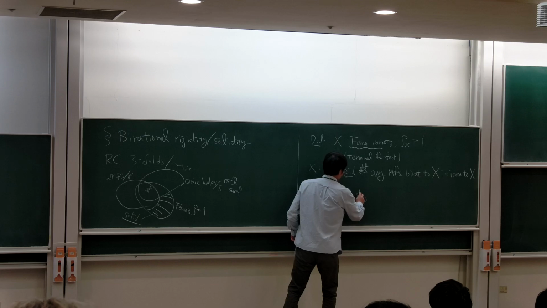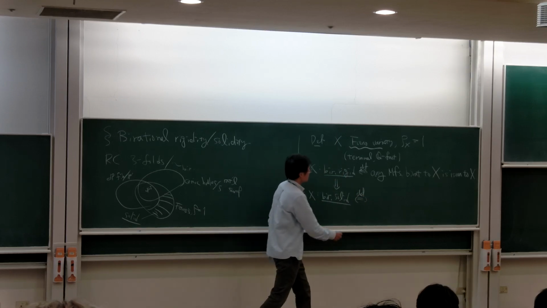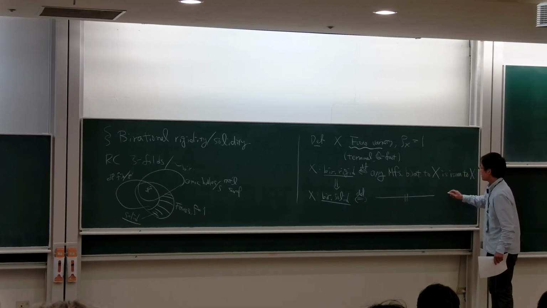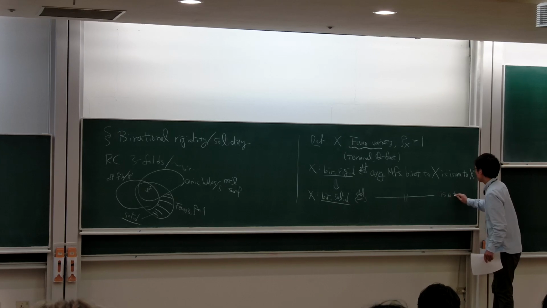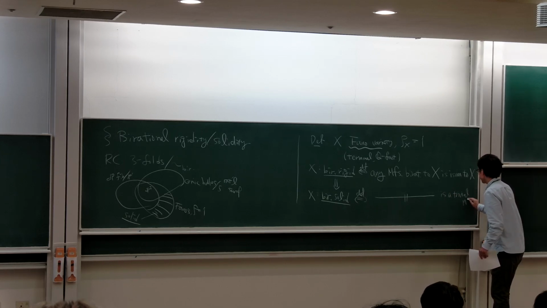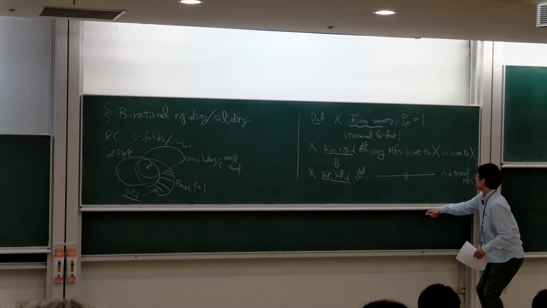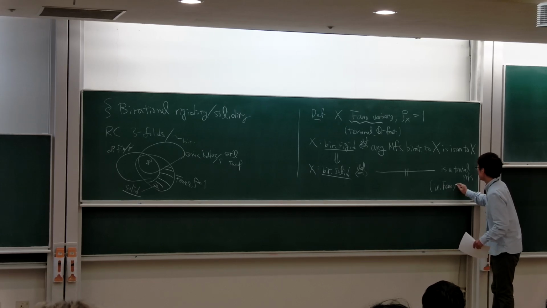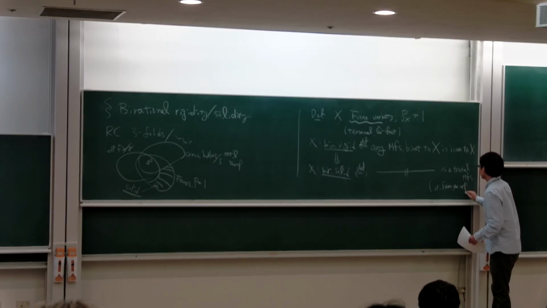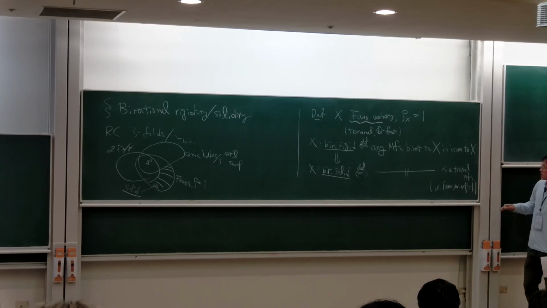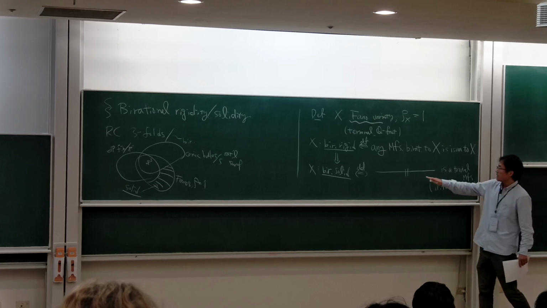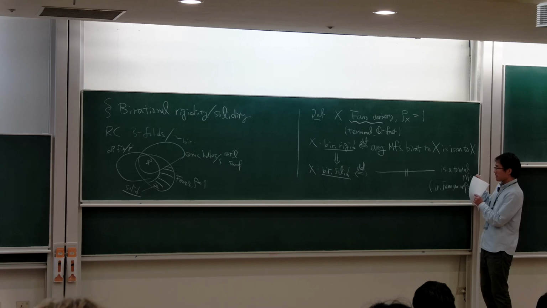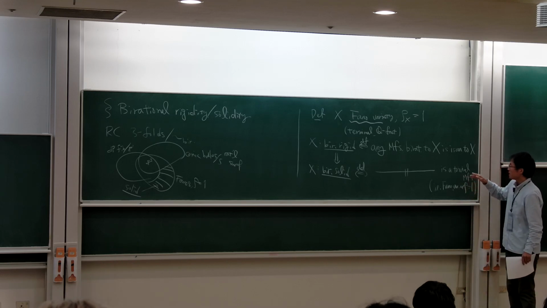I say that X is birationally solid if any Mori fibre space birational to X is a trivial Mori fibre space, meaning that it is a Fano variety with Picard rank 1. So in this definition, X can be birational to other Mori fibre spaces, but the Mori fibre space is necessarily trivial.